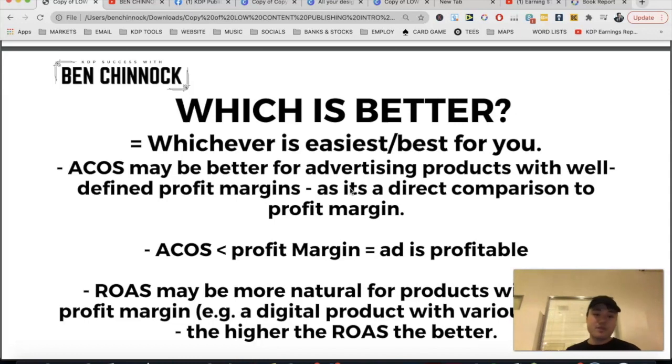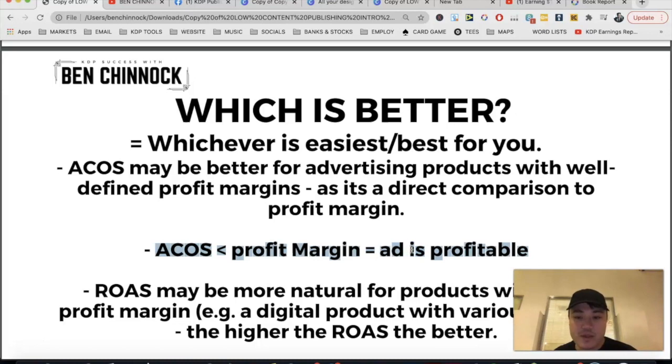So if you're advertising at a 20% ACOS and my profit margin on a product is 25%, for example, I know that the advertisement is profitable for me and I get to keep 5% after ad spend is accounted for. So with ACOS, the equation is: ACOS less than profit margin means that the ad is profitable. It's super easy to compare.